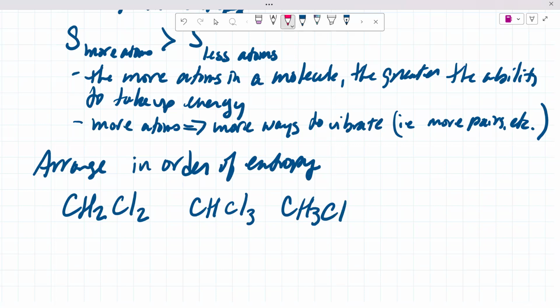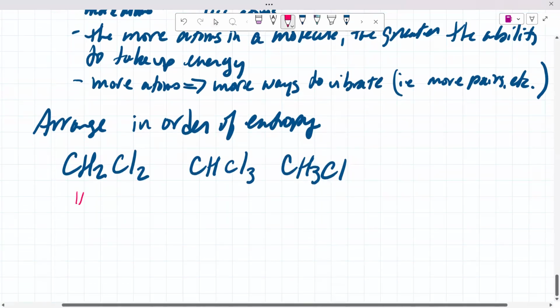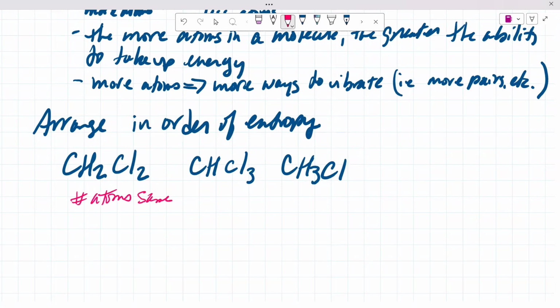What we notice about this is the number of atoms is the same, and the phase is the same. They differ in mass because there are different atoms.